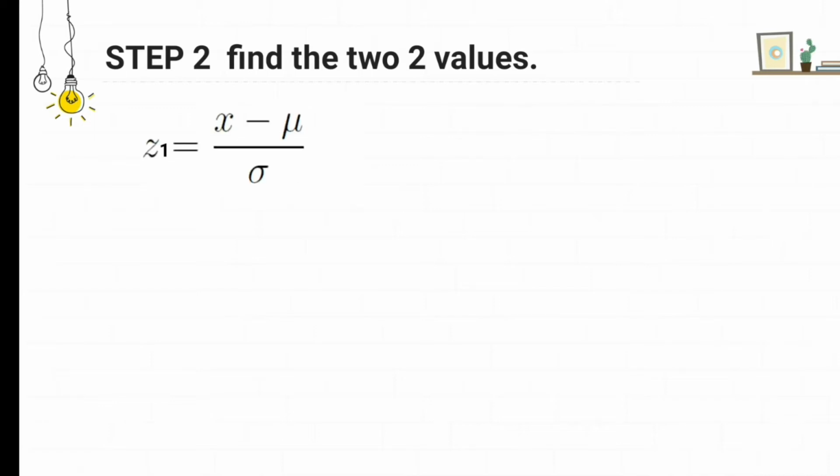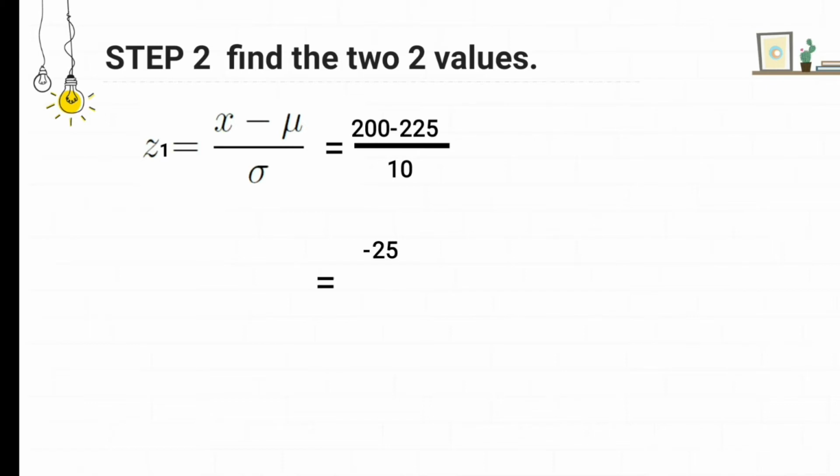To find our first z value, our score is 200, our mean is 225 and our standard deviation is 10.